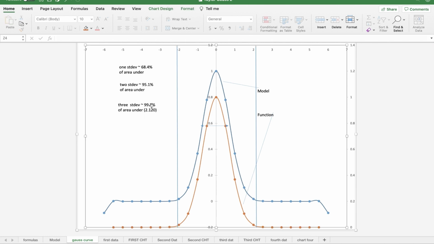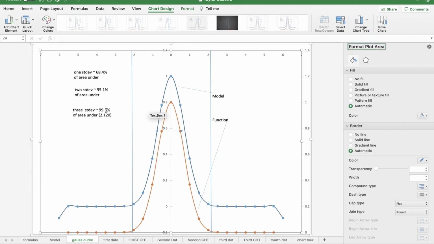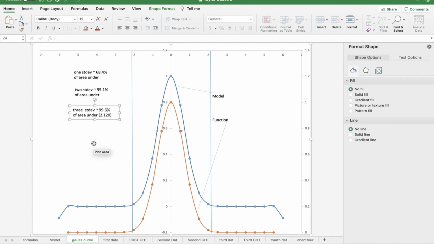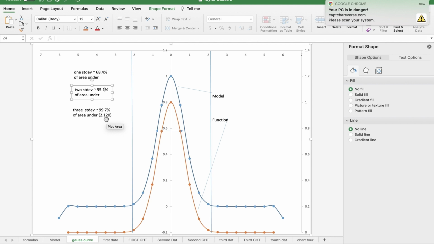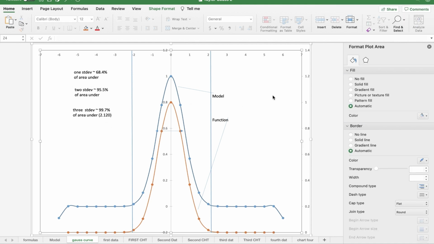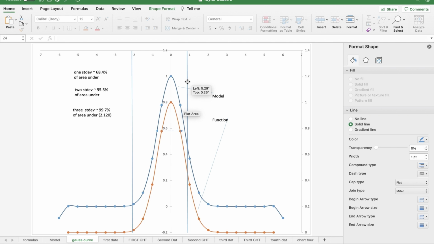So I can adjust this here. And I think this is 95.5, and 68.4 for a standard deviation, which is about here, about 0.707, and minus 0.707.